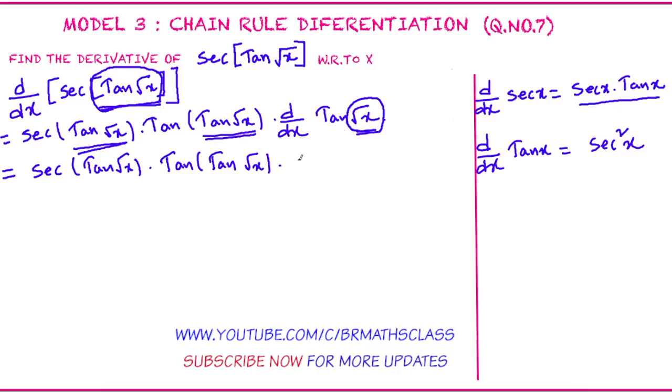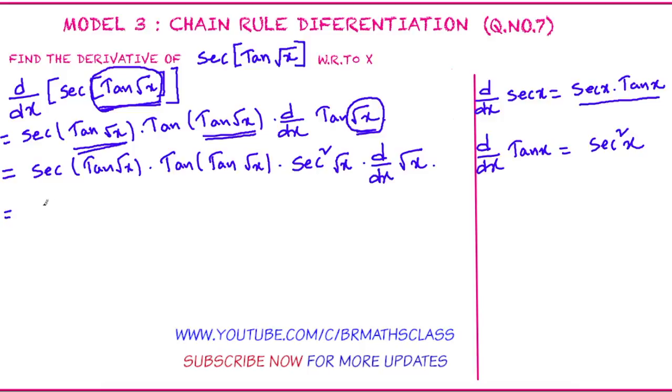What is the derivative of tan x? The derivative of tan x is secant square x. You imagine root x as x. So the derivative of tan root x is what? Secant square root x into, which one you imagined as x, you need to differentiate it, d by dx of root x. I hope you are understanding.